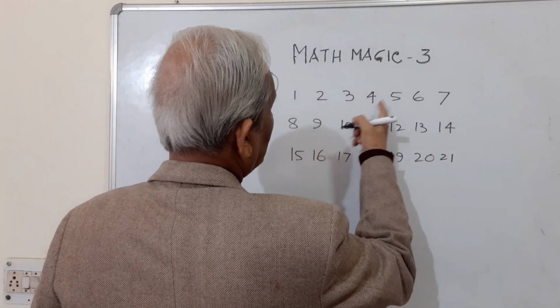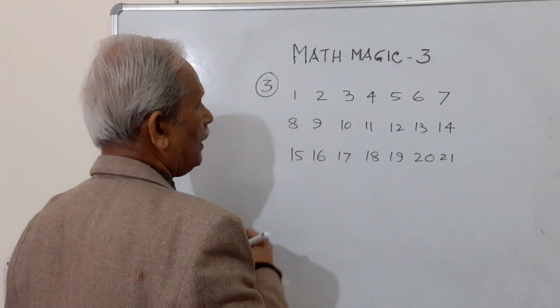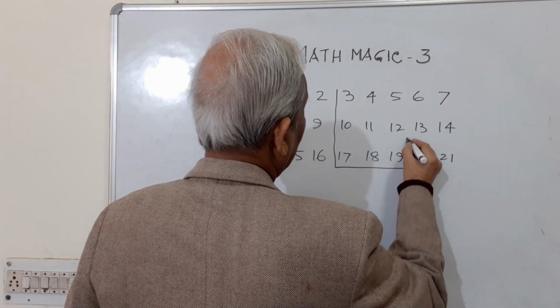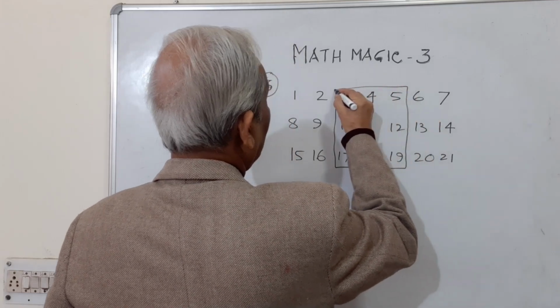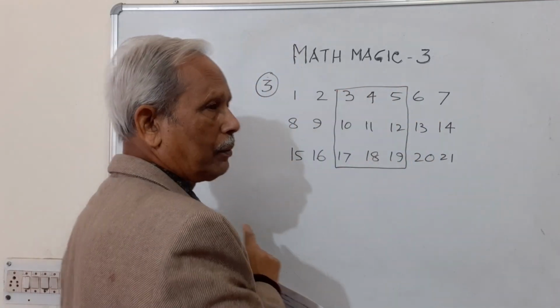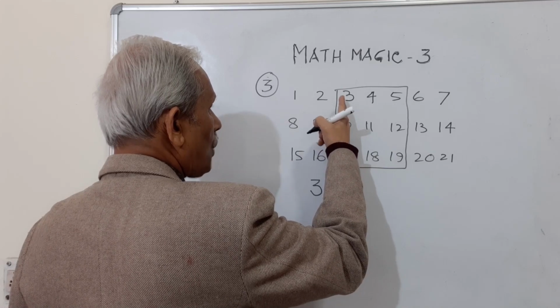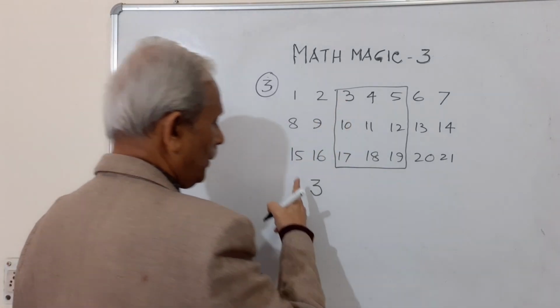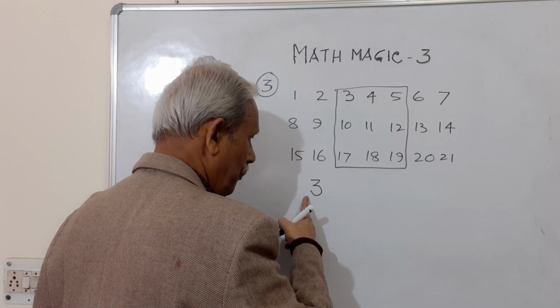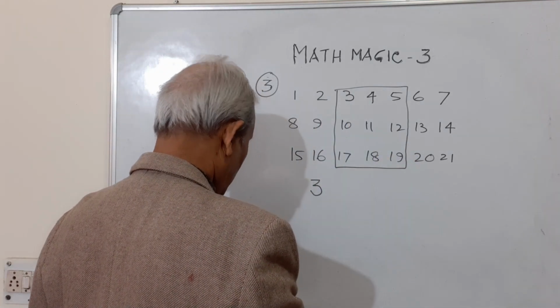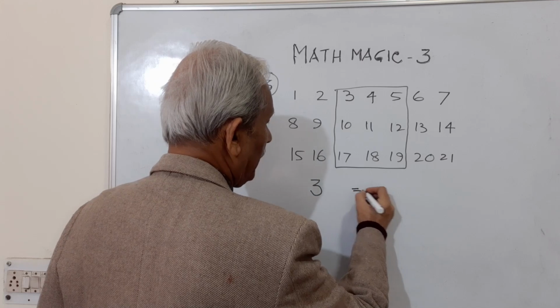You choose any 3 by 3 block. You tell me the top leftmost corner number, say 3. I'll tell you the total of all these numbers, and it will be 99.